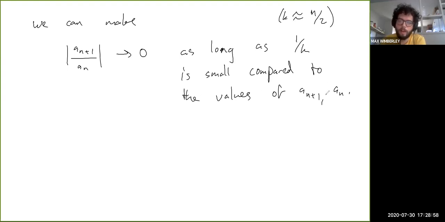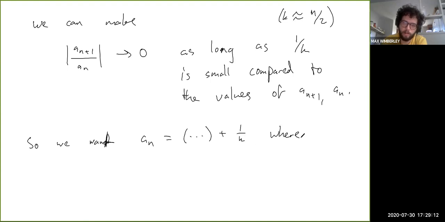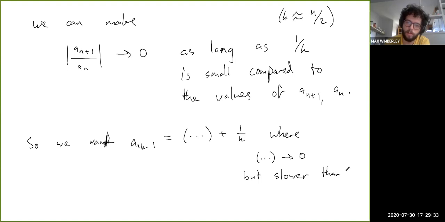So we want a_n, I guess a_{2k-1} for the odd ones, to be something plus 1 over k, where something goes to 0 but is slower than 1 over k, so that this something still dominates the overall value, right?